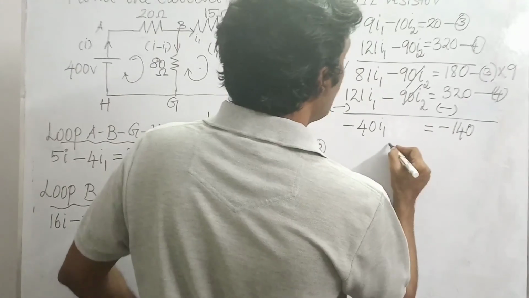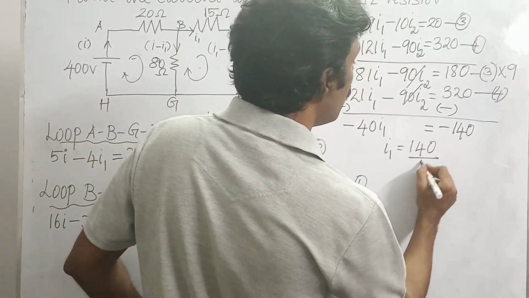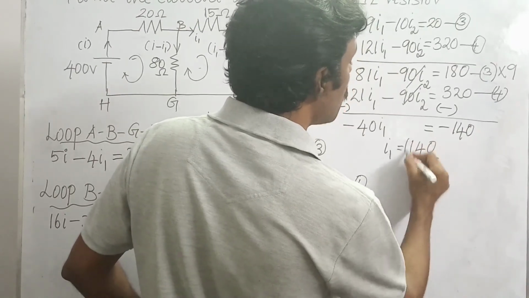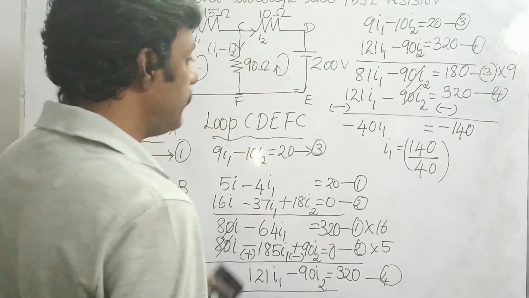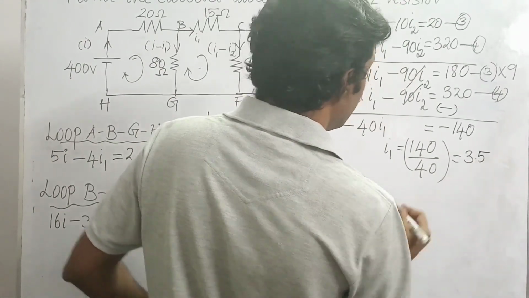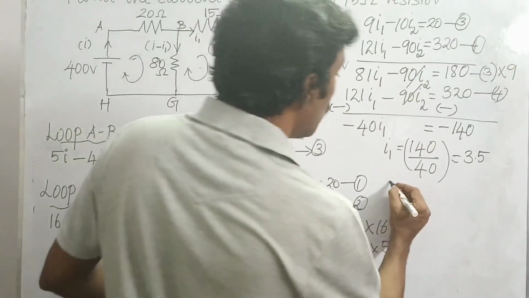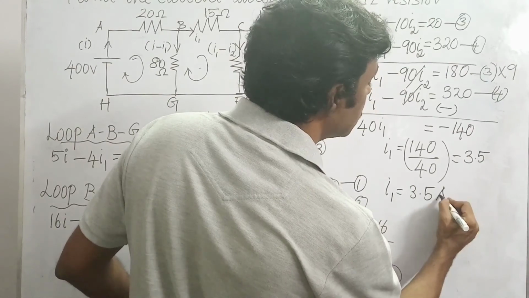So I1 is nothing but 140 divided by 40, which will be 3.5. So I1 is equal to 3.5 amperes.